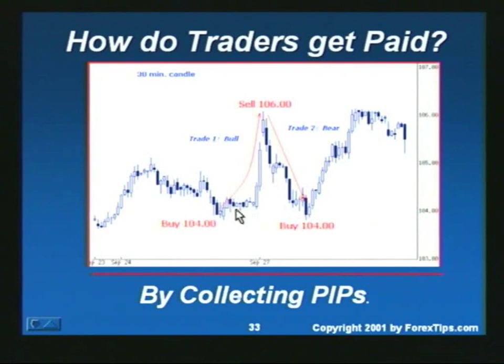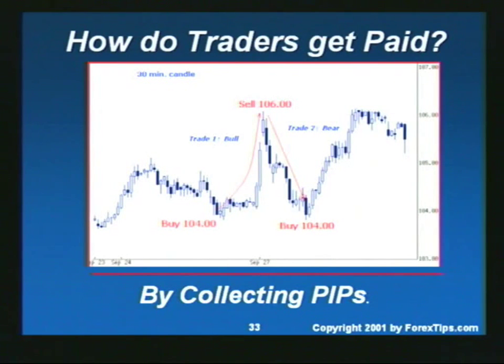And you watched the market rally and go up, and you sold all 1,000 shares at $106. You therefore made $2 a share, or $2,000. However, your investment to buy 1,000 shares at $104 a share ended up being $104,000. You had to place at risk $104,000 in order to make a $2,000 return.